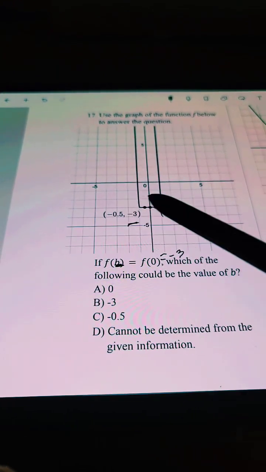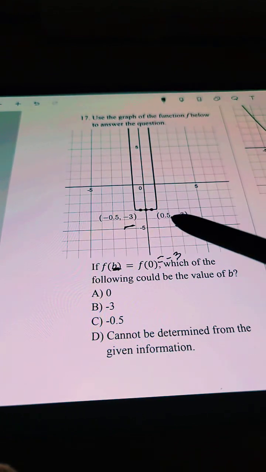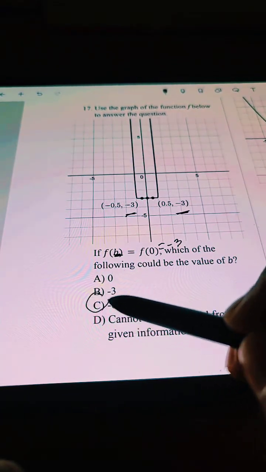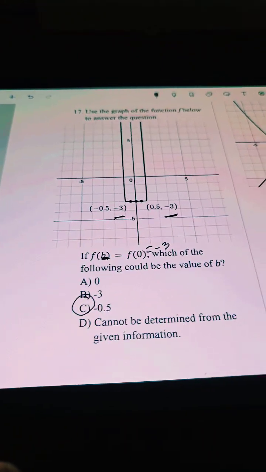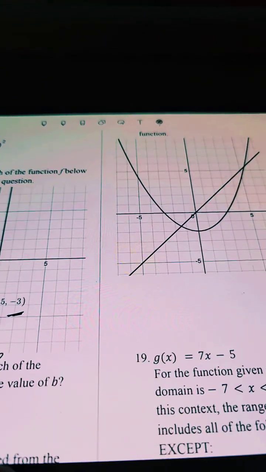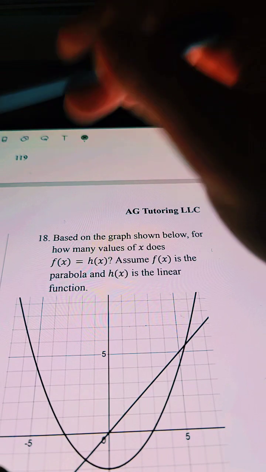Well, that happens when b is equal to -0.5 or positive 0.5. So which of these could be the value of b? Well, it could be C. So let's go to, wait, did I skip one? No, that's 18.